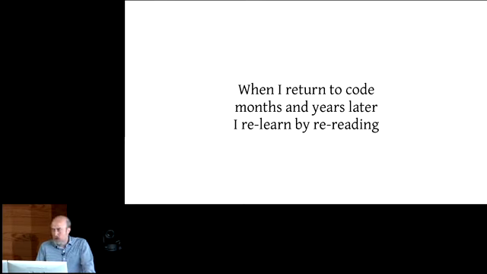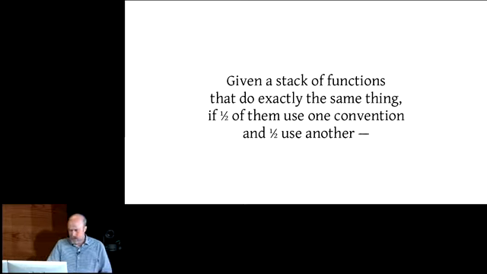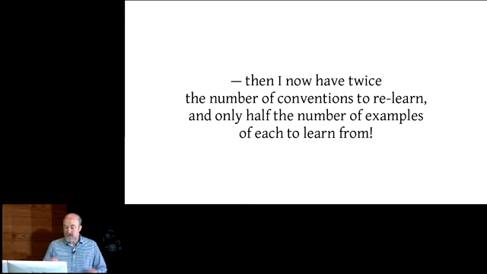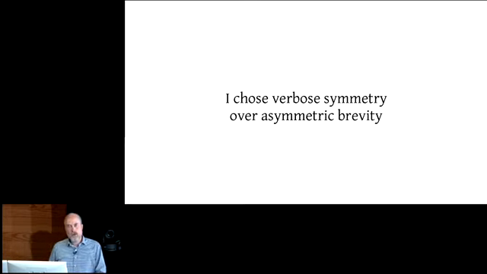When I return to code, months and years later, I relearn my code by rereading it. Given a stack of functions that do exactly the same thing, if half of them use one convention and half of them use another, then I now have twice the number of conventions to relearn later and only half the number of examples of each to relearn from. So I would not have done this when I was younger.